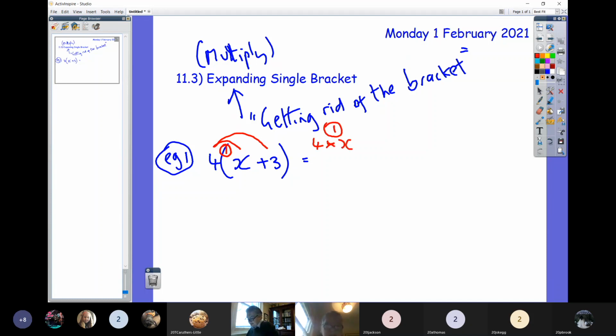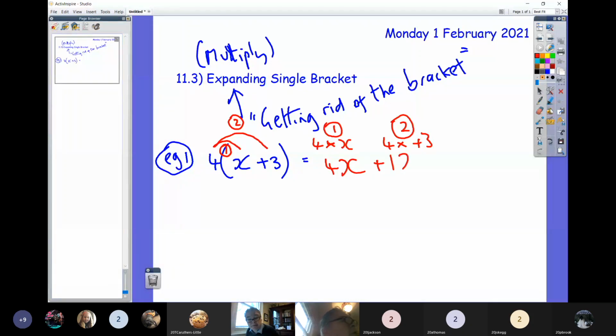And then that second claw, you move on and you do 4 times plus 3. So 4 times x is 4x, and 4 times plus 3 is plus 12. And your work is done.